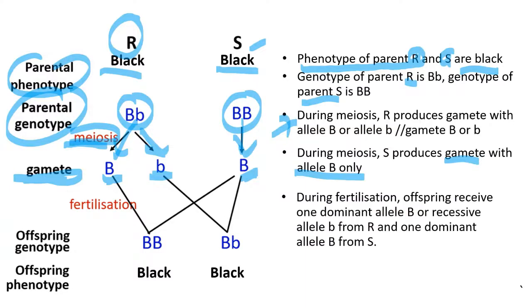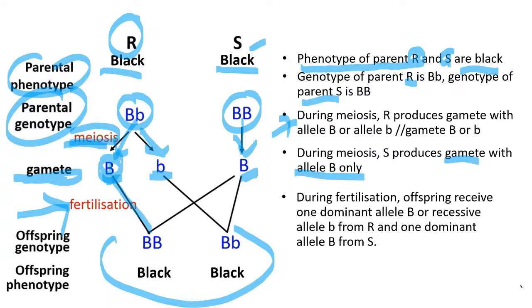Then, during fertilization, the offspring receives one gamete from parent R, which might be big B or might be small b.